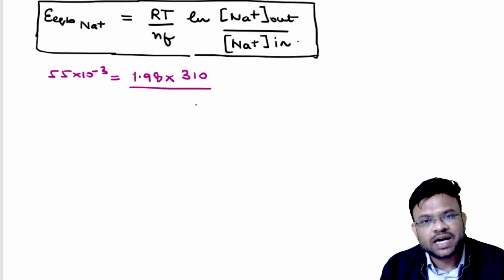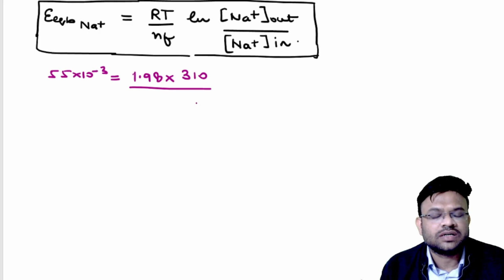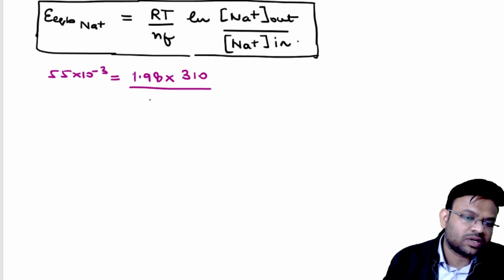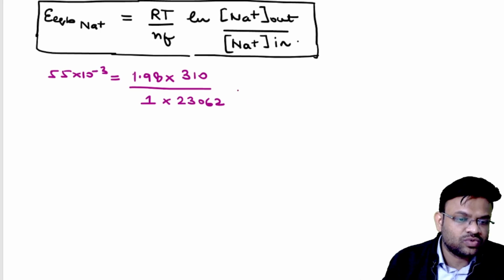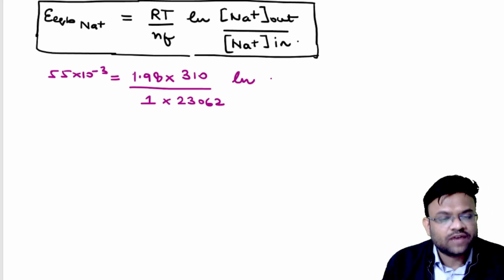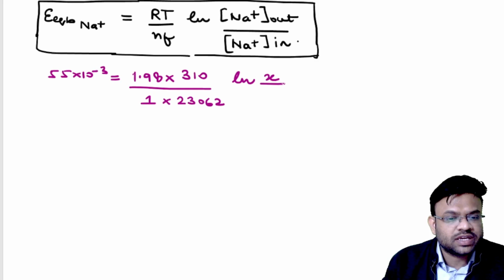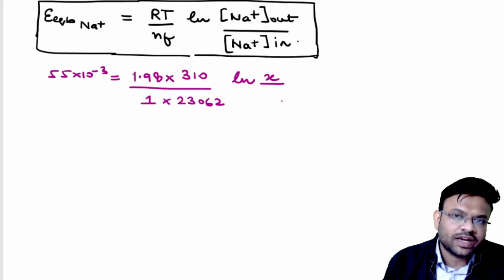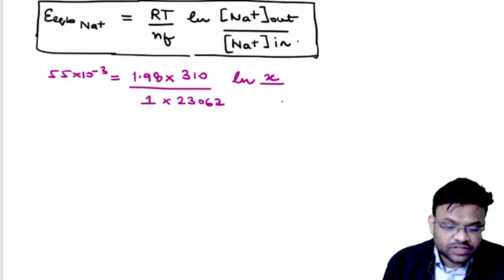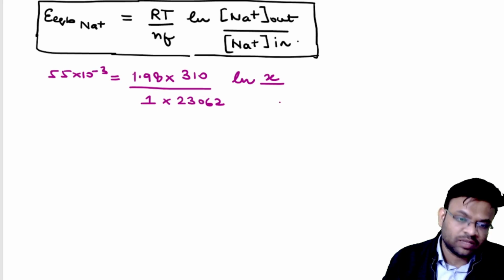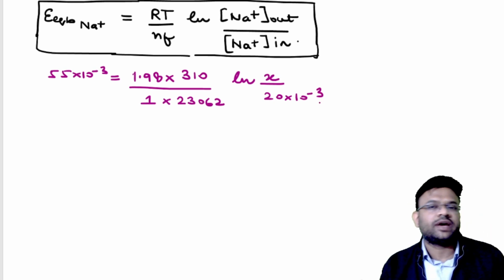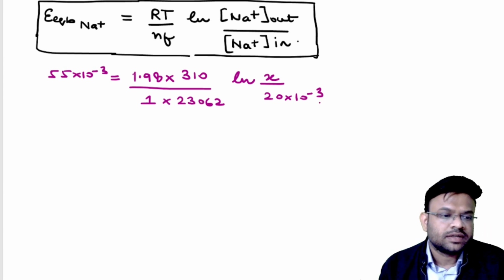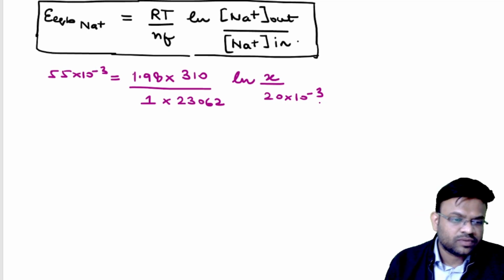Now the charge on the sodium ion is 1, there is no doubt about that. So 1 into the Faraday constant, the value for Faraday is 23062, natural log, and I have already mentioned that I would be using X in place of Na plus out, divided by Na plus in. The concentration of Na plus in was given as 20 millimolar, which can be written as 20 into 10 to the power minus 3 molar. Right, now let me quickly solve it.